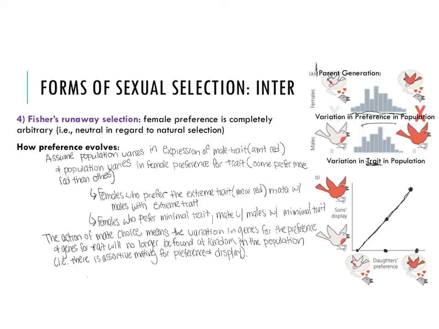Okay? So you're correlating the two traits, which means you're going to see fewer individuals who carry a preference for more red and the genes for less red, right?